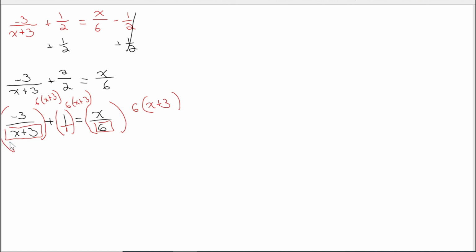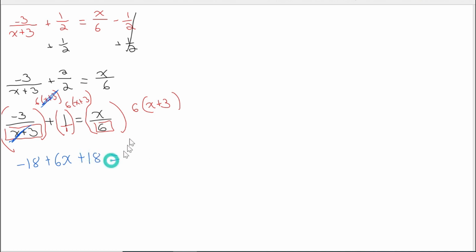So I'm going to eliminate this x plus 3, x plus 3. So that will give me negative 3 right here times the 6 will give me negative 18. Now, remember, I multiply 6 times x plus 3, so will give me positive, I'm just going to do it here, 6 times x will give me 6x. 6 times 3 will give me positive 18.